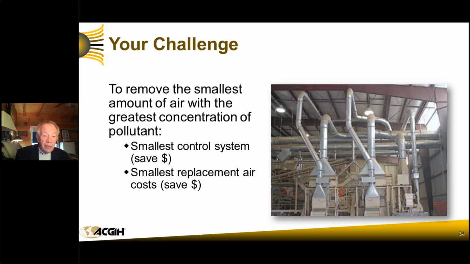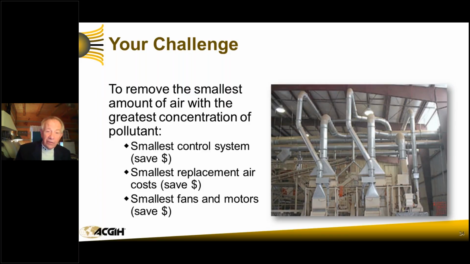Also, the smallest amount of replacement air. That allows you, certainly, the BTUs that you have to add back to it, you may want, if you can recirculate it, that may be a very important thing to do. And that's going to be very small fans with very small motors. This is where your company can be more competitive than your competitors in our country or in other countries, wherever they are. If you can do it with less air, that's what's going to save your company money.